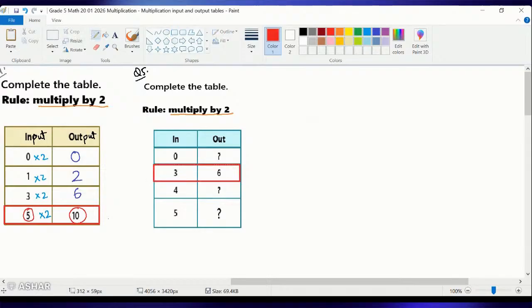This is a set of values where both the values are given to us, right? So we can say that if we input 3 and we get 6 as an output, then 3 should be multiplied by 2 to get a 6 as an output, right? That means each number in the input would be multiplied by 2.